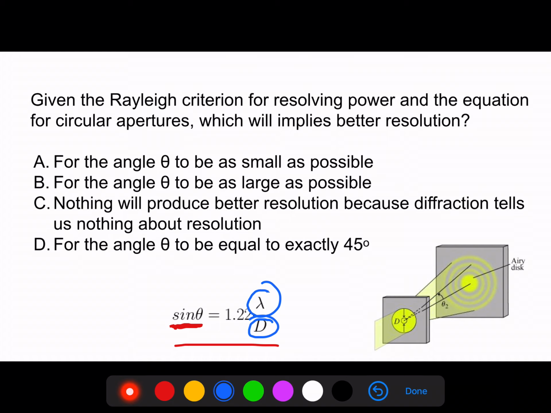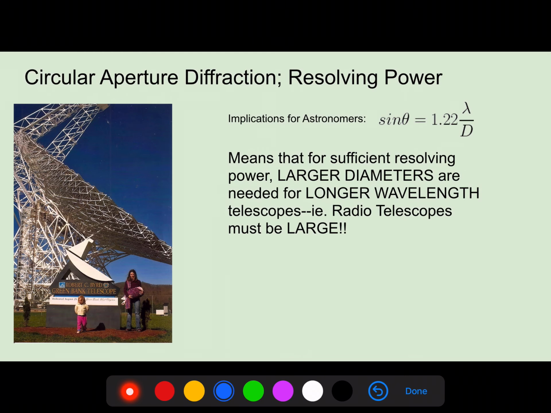Some of those things may or may not be able to be changed. I may not be able to change the circular aperture size, or I may not be able to change the wavelength. A good example of that is if I am a radio astronomer. I can't change the fact that the wavelength of light I'm looking at is very large. So in this equation, if I increase the wavelength, I'm going to increase this left-hand side of the equation, meaning that the two perhaps stars that I'm trying to resolve need to be far enough apart for me to be able to tell that there are two of them there.